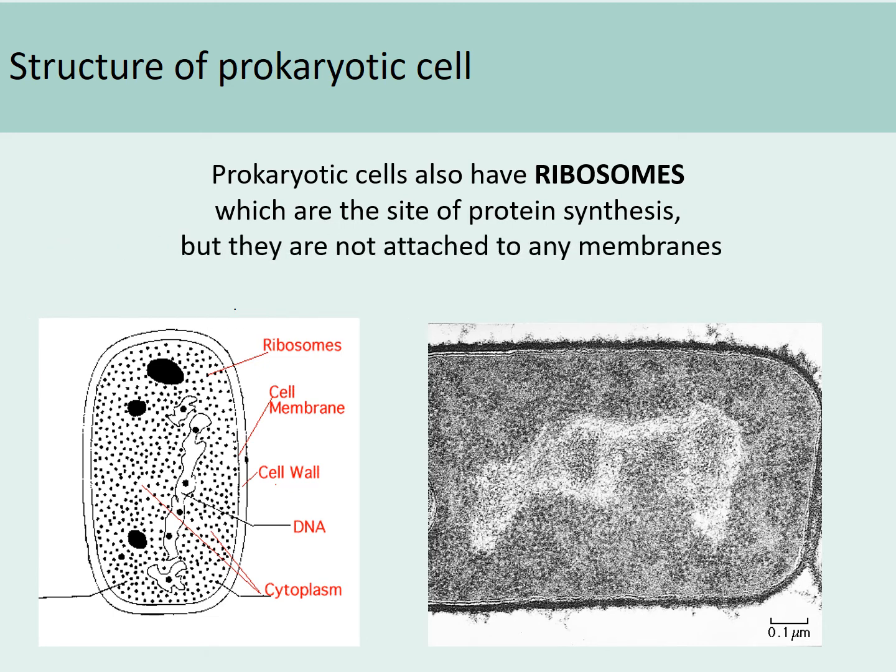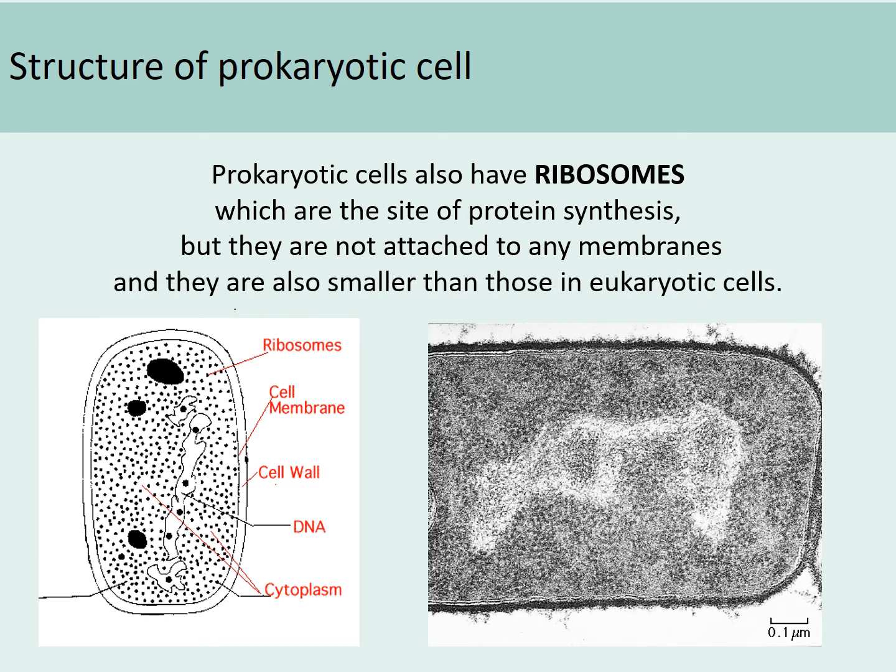They're not attached to any of the membranes, which can happen in eukaryotic cells. And they are smaller than that of eukaryotic cells. So they do have ribosomes, but they're free in the cytoplasm, and they are smaller than eukaryotic cells.